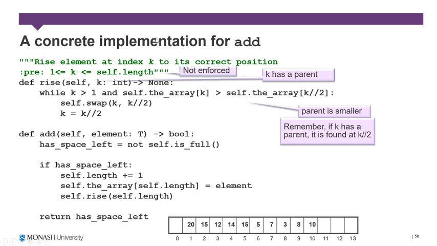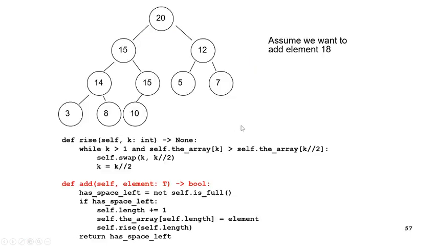This check hasn't been enforced to make sure that k is between 1 and the length of the array itself, but in practice you'd probably have an assertion to enforce that correctness, that it is between 1 and the length of the array.